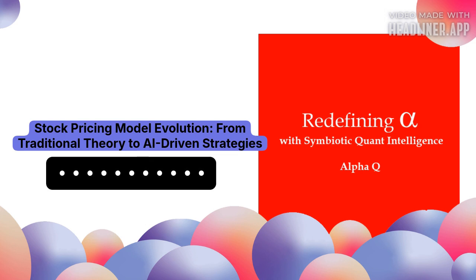And yet, this is where it gets really interesting. When people started testing these models rigorously against real-world market data over decades, they didn't always hold up so well. That's putting it mildly. Their limitations became glaringly obvious. Okay, like what were the main problems? Well, take risk measurement first. Traditional models like CAPM or Markowitz's earlier portfolio theory lean really heavily on standard deviation, volatility, as the main measure of risk.